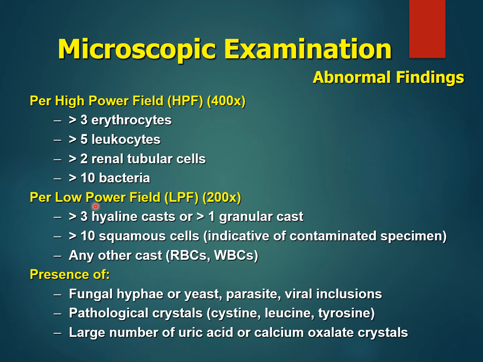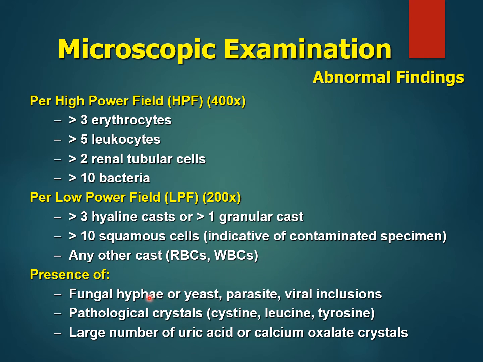If we are measuring by the low power field, that is, magnifying about 200 times, more than three hyaline casts, or one granular cast, or more than a few squamous cells is pathological, because sometimes physiologically fewer than that will be desquamated, or cells are introduced by a contaminated specimen. Any other RBCs have to be commented on.